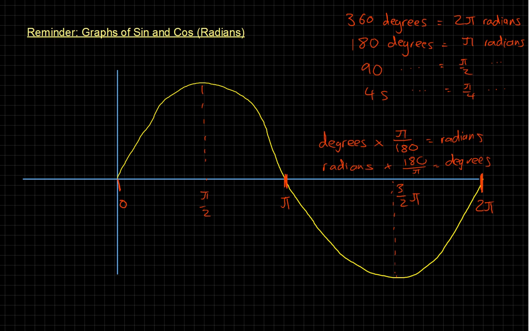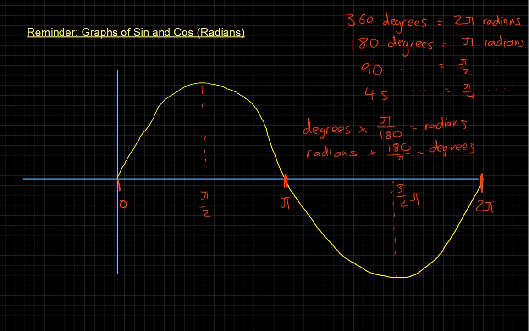Okay, they're proportional units of measurement, right? It shouldn't be too complex. The only difference between centimeters and meters is one of them is 100 times bigger. Same for degrees and radians. The only difference is one of them, specifically degrees, is 180 over pi times bigger, where 180 over pi is just a number. Okay, cool.